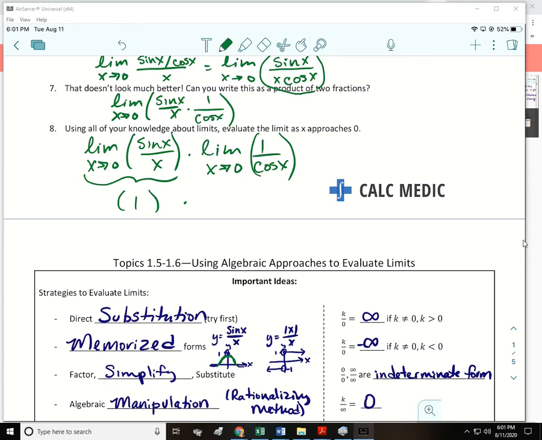And then for the second one, we can do direct substitution. We'll take 0 and we'll plug it in for x. All right, so hopefully you guys remember that cosine of 0 is 1. So this is going to end up being 1 times 1, which obviously is 1.